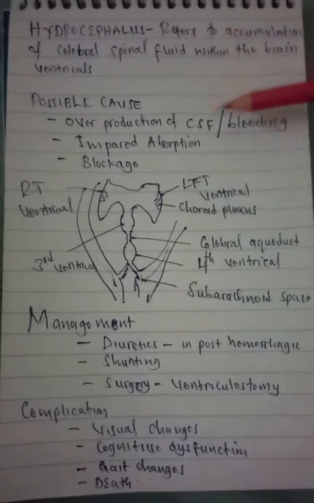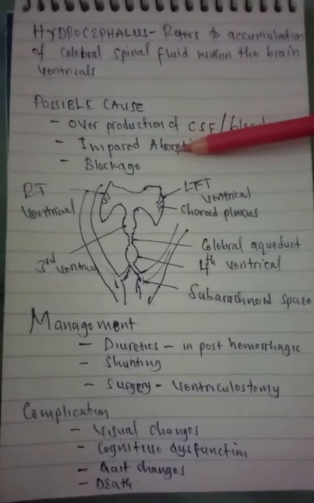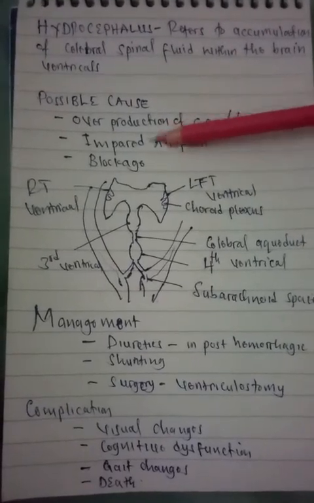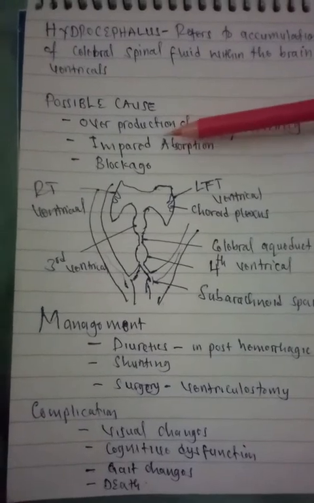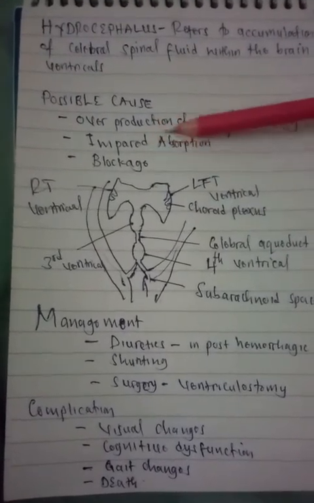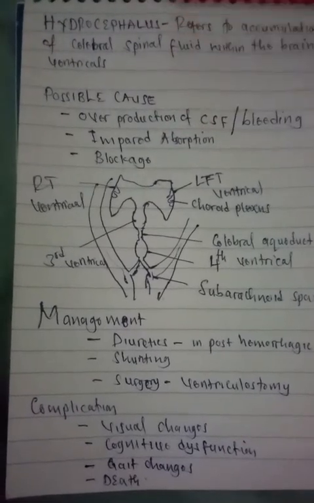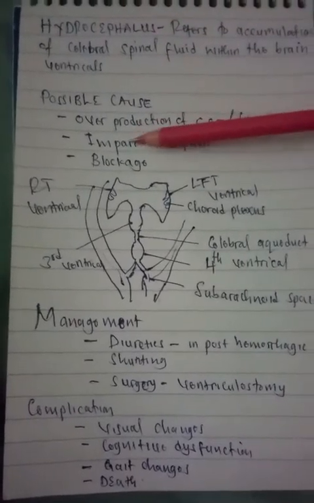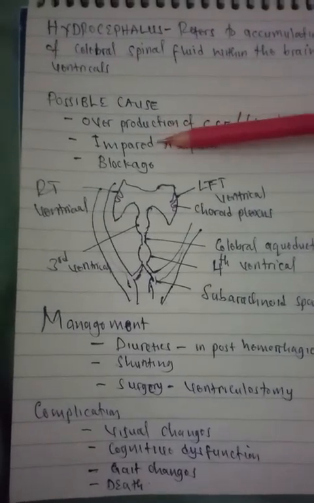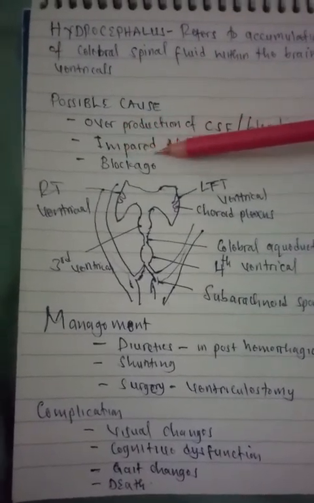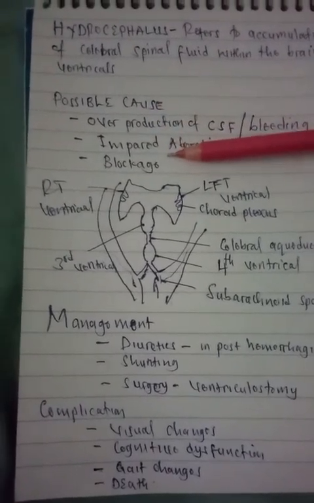But also, it can be an impaired absorption. This happens when a normal amount of cerebrospinal fluid is produced, but due to an impaired absorption, it leads to an accumulation of cerebrospinal fluid because it is produced but not absorbed.